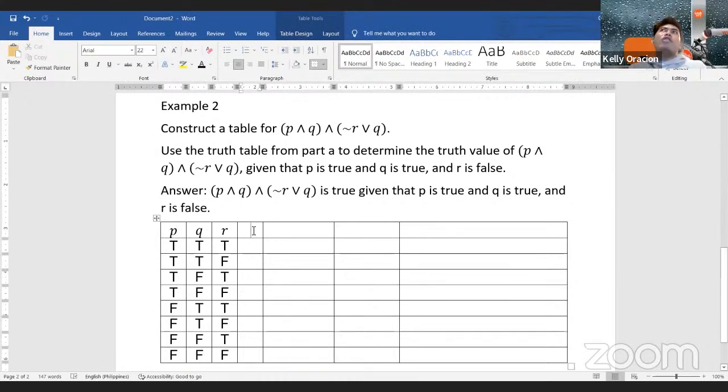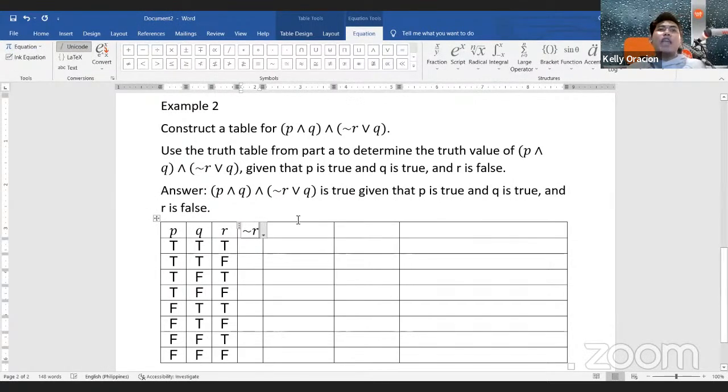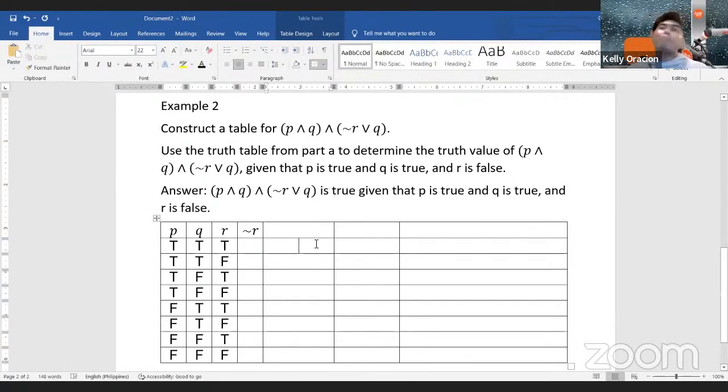Sino yung una nating i-manipulate? Anyone? Okay, very good. You can have the negation of R first para tuloy-tuloy yung process natin.